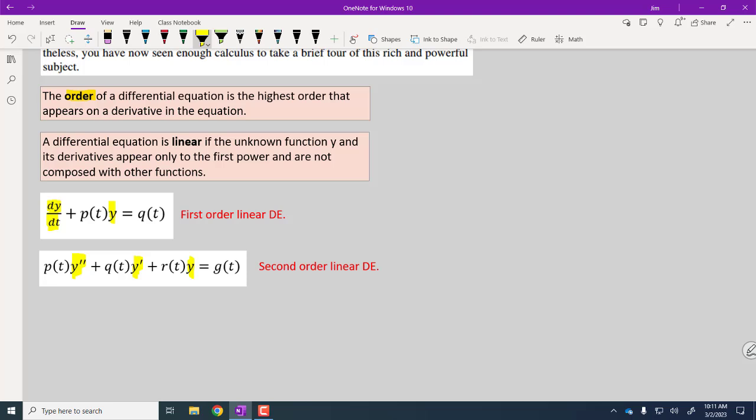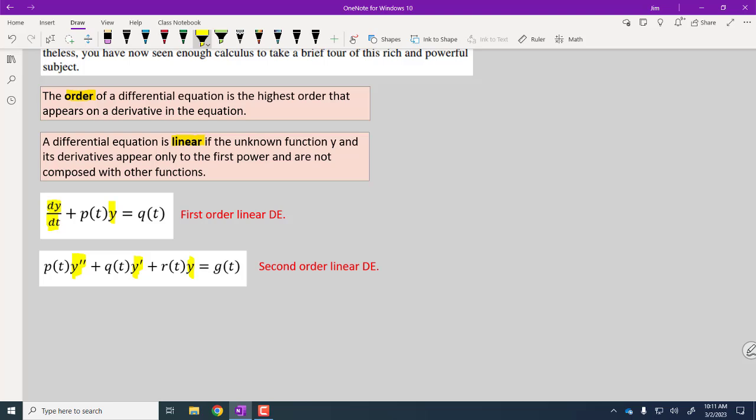And the next big word that you hear all the time is linear. As you get into higher and higher math classes, the word linear means something different in every class. So in differential equations, linear means that any derivative, and the function, are only raised to the first power. So we don't have y prime squared. We don't have the square root of y. We don't have y times y double prime.